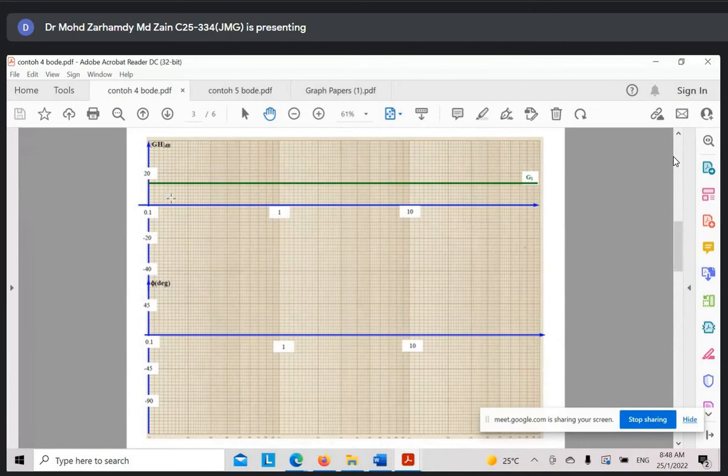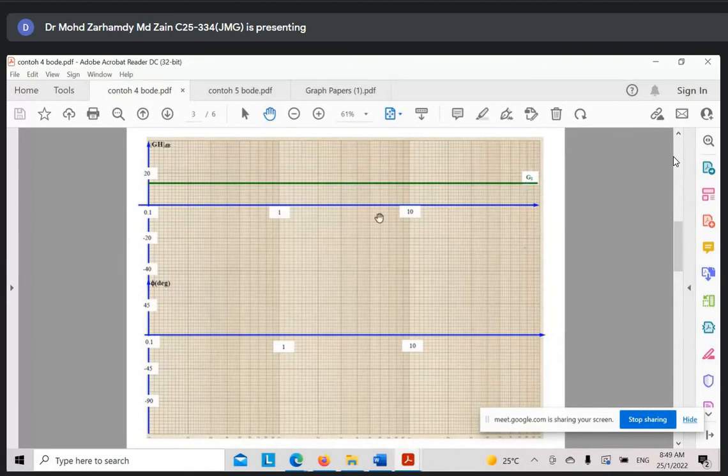Roughly 2 lines represent 2, 4, 6, 8, 10, 20, 14, here. So draw the line. Once you make a line with a ruler, you mention that this line represents G1. Do you understand this? So this is how we make the G1 line.